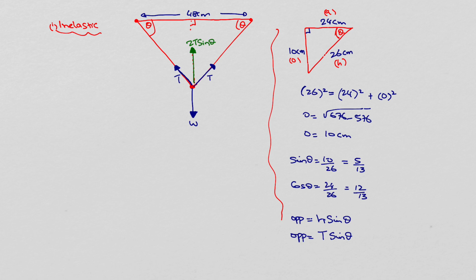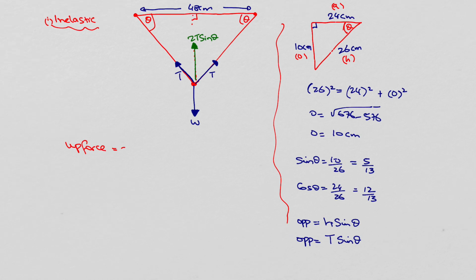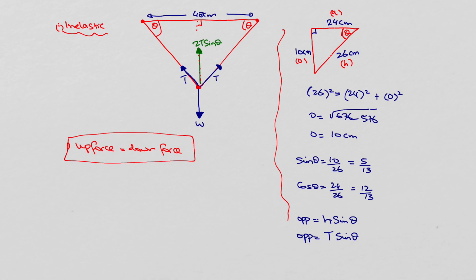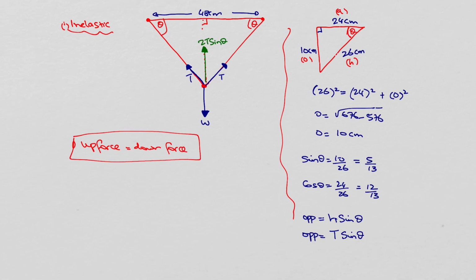Okay, so now I can say, well, my up forces must equal my down forces. In which case we can say that 2T sine theta must equal W. But from over here on the right-hand side, we can see that sine theta is 5 over 13.